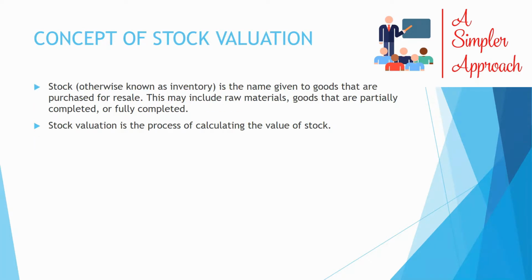First things first. Stock, otherwise called inventory. That's the name given to goods that are bought primarily for resale. So if you're operating a retail outlet, a supermarket, a clothing store, your inventory would be the items that you buy in order to sell to make profits.